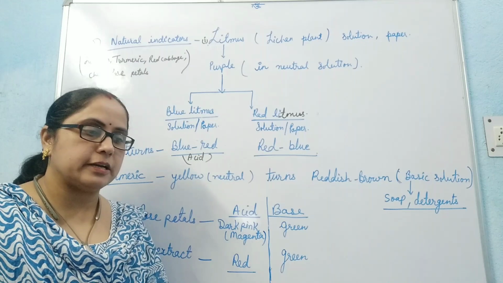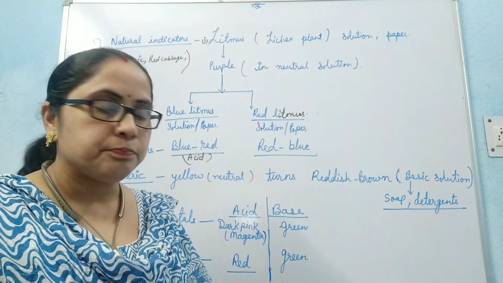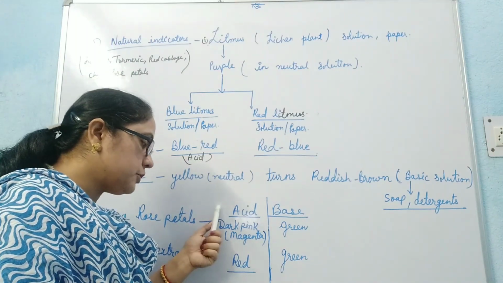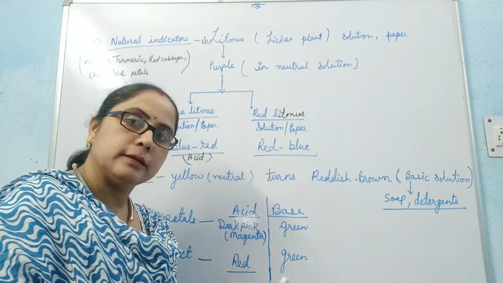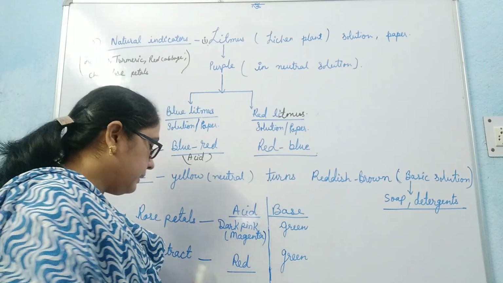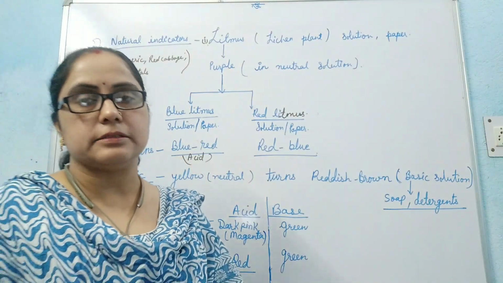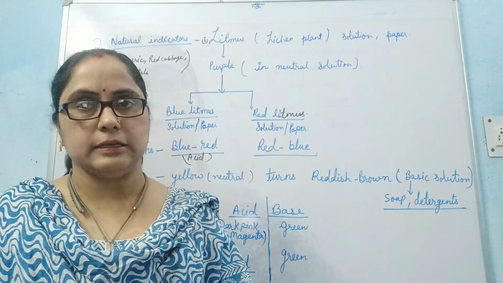Red cabbage extract we form from the red cabbage leaves. It gives red color in acidic solution and green color in basic solution. Here red cabbage extract changes its color, and we get this from nature, thus it is also a natural indicator.